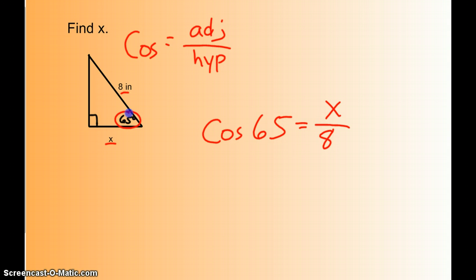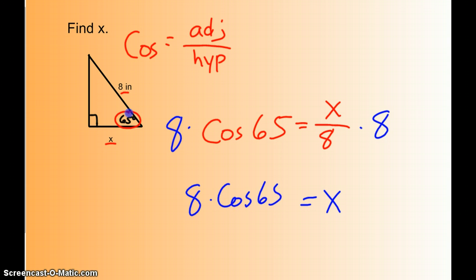So we've done step 1, we recognized our ratio. We've done step 2, we've written our equation. Step 3 is to solve our equation. If we want x by itself and we have x over 8, I'm going to multiply both sides by 8. So x is 8 times the cosine of 65, and that cosine of 65 is a number.